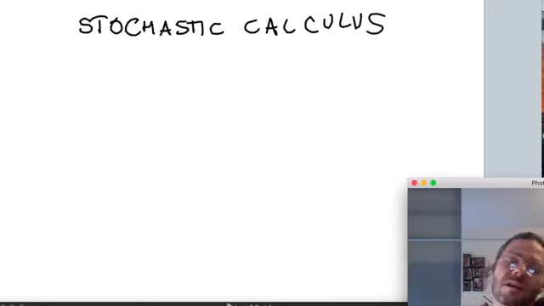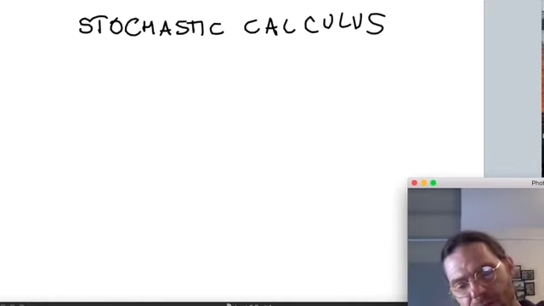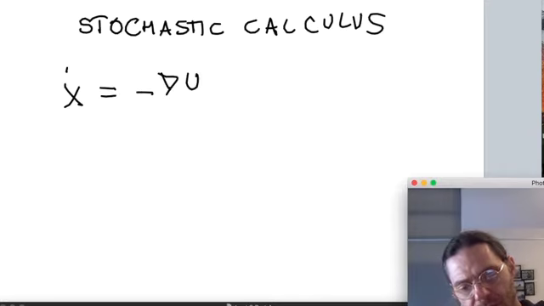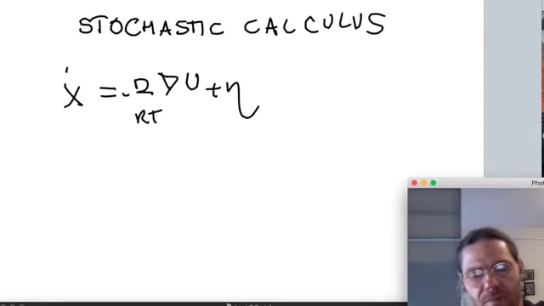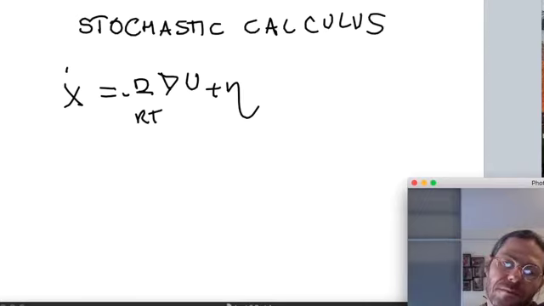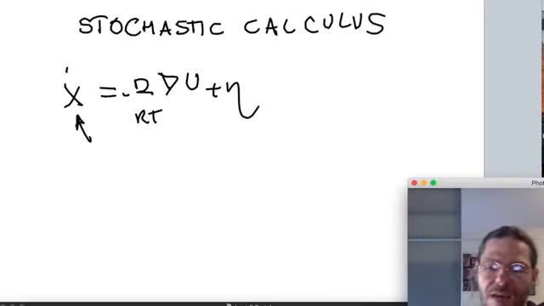So why do we need yet another calculus? Well, let me write the overdamped Langevin equation once more. Now, on the left-hand side is a time derivative. So the derivative on the left-hand side is the derivative of a function. One would expect this to be a smooth function.